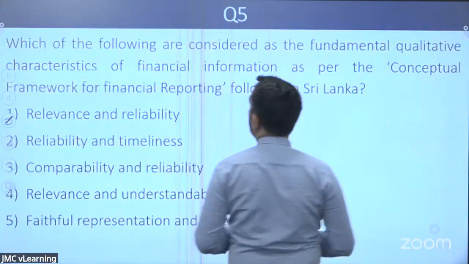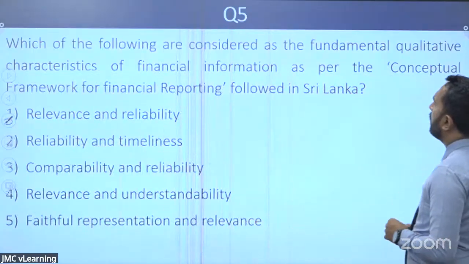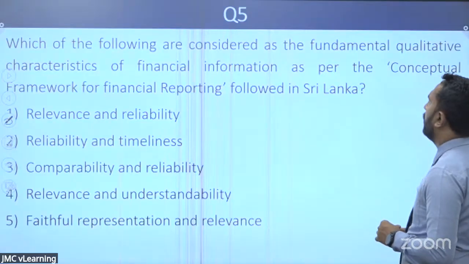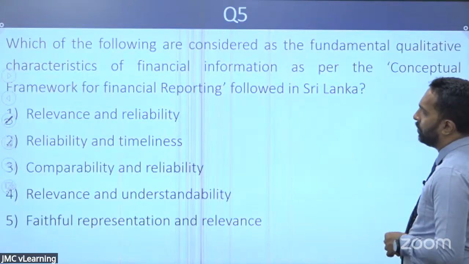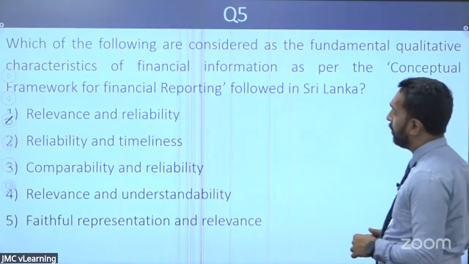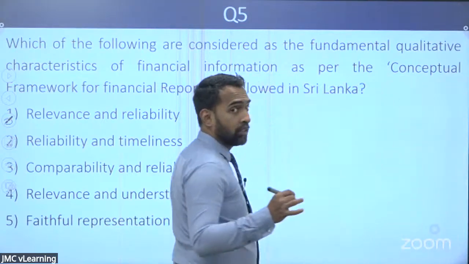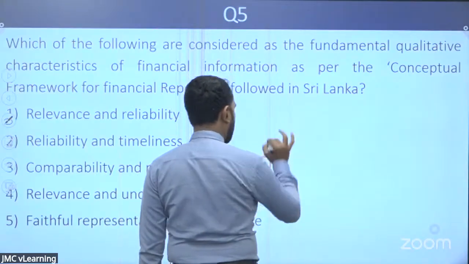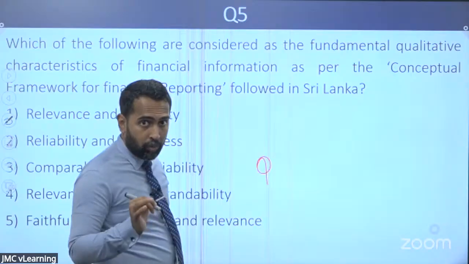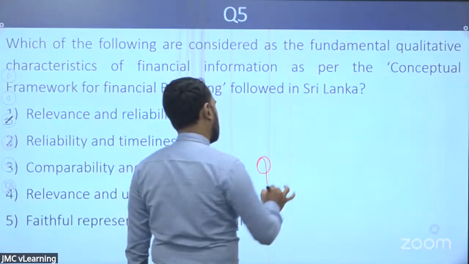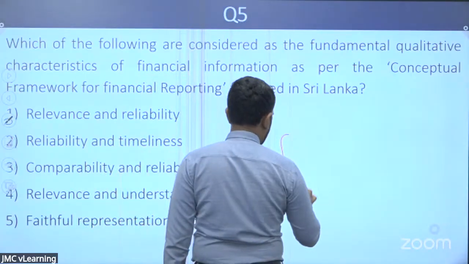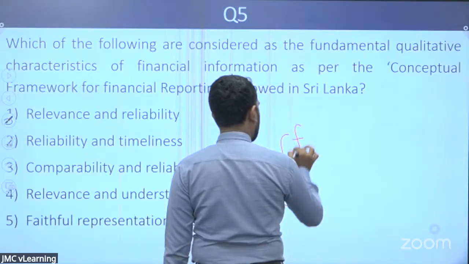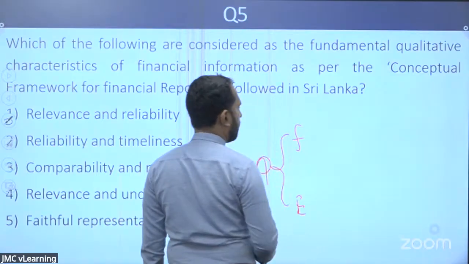Look at here. Which one of the following are considered as fundamental qualitative characteristics of financial information as per the conceptual framework for financial reporting? Now, in the conceptual framework, we need the information to be quality information. So, in order to be quality information, there are two types of qualitative characteristics: fundamental and enhancing.